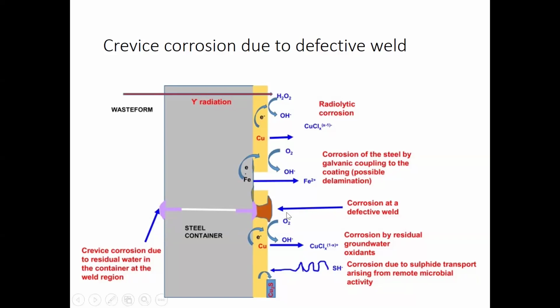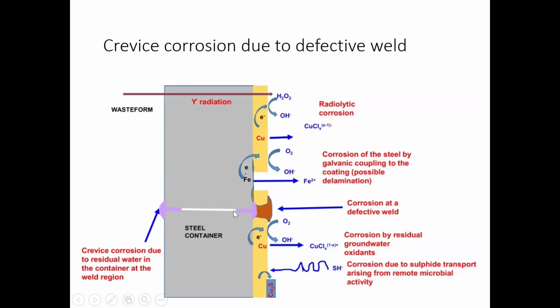In the case of crevice corrosion, the copper deposited on the seam on the head of the container via sputtering has some kind of defect in its morphology, such that water is allowed to seep into the crevice itself. So the break within the carbon steel where the head is attached, and at that point you have crevice corrosion due to residual water in the container at the weld region.